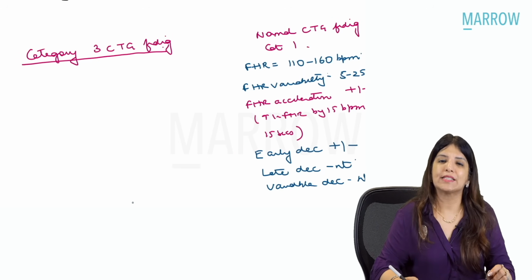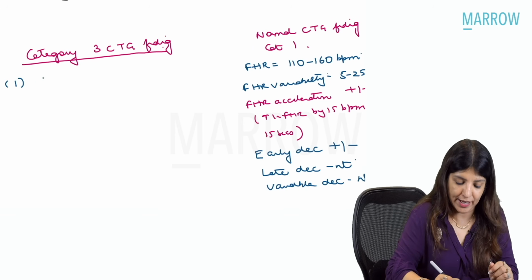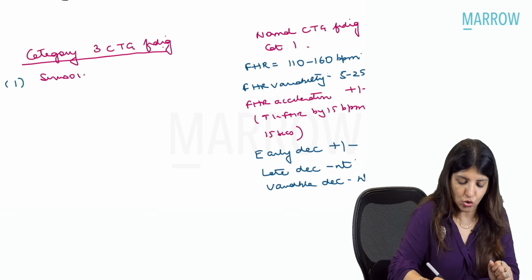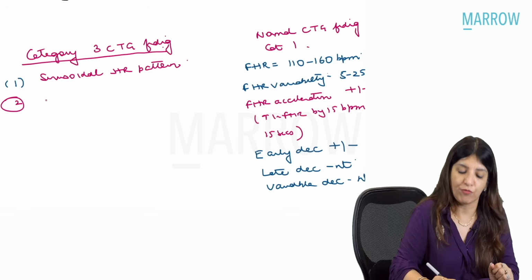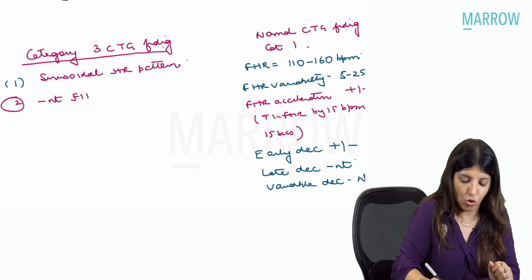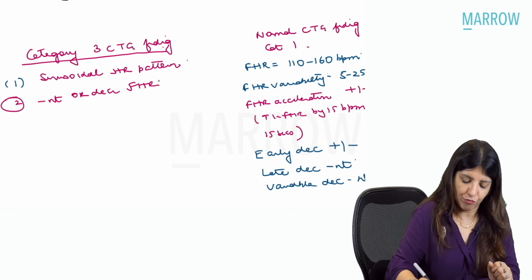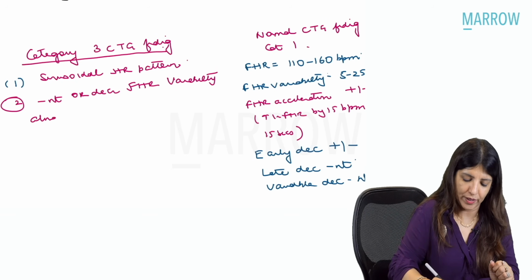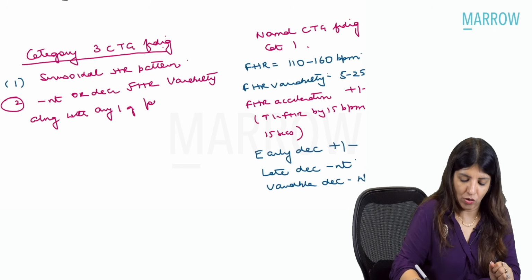Now, what is called category 3 CTG? Category 3 CTG is if you are getting a sinusoidal heart rate pattern. Number 2, if you are getting absent or decreased fetal heart rate variability along with any one of the following.